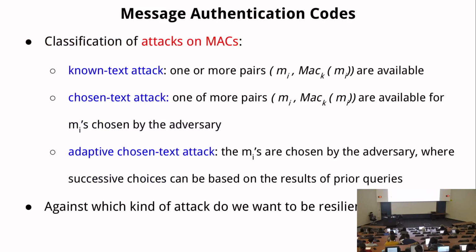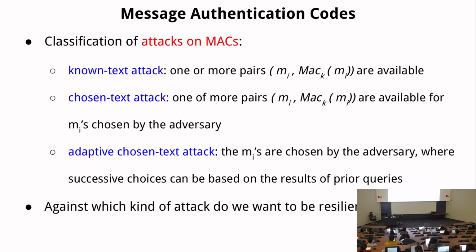Attacks on MAC, you will see those attacks are familiar because they are very similar to the attacks on the encryption itself. The first one is known text attack. The attacker somehow collects one or more pairs of message and tag.